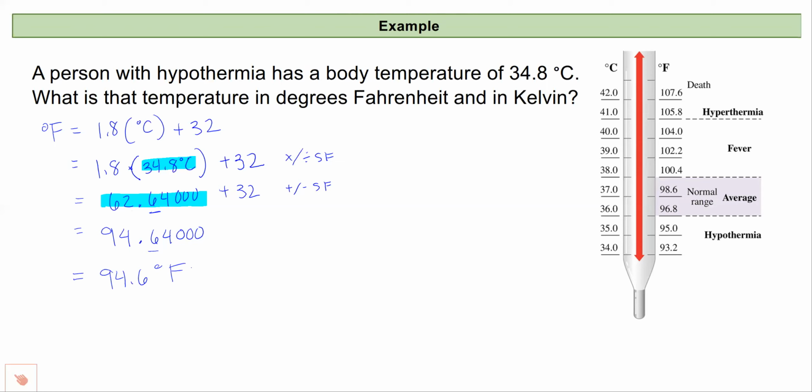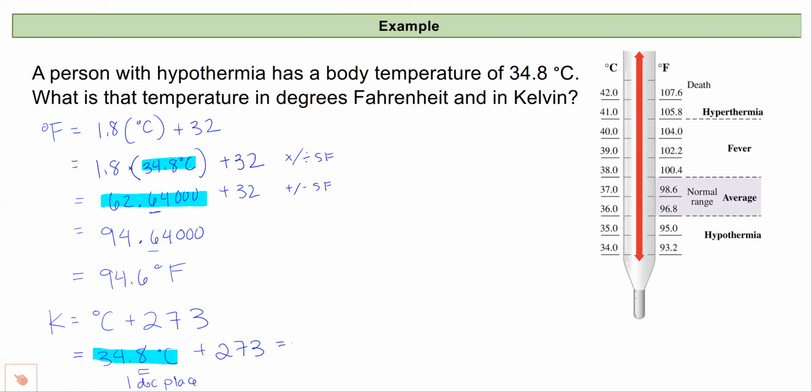Now let's look at Kelvin. To calculate Kelvin from degrees Celsius, we can use the equation Kelvin equals degrees Celsius plus 273. So that's going to be equal to my 34.8 degrees Celsius plus 273. Again, my inexact number here is this 34.8, and it has one decimal place.